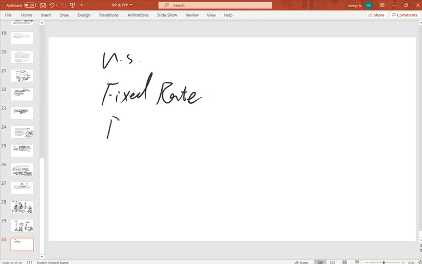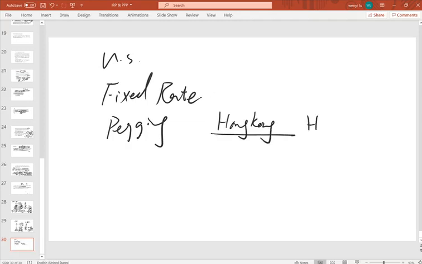How do they peg their rate to the US dollar? You can see they can either use what? Use a currency board, like our case in class, Hong Kong. They have a currency board to make sure their Hong Kong dollars are at the same 7.8 to a dollar for most of the time.